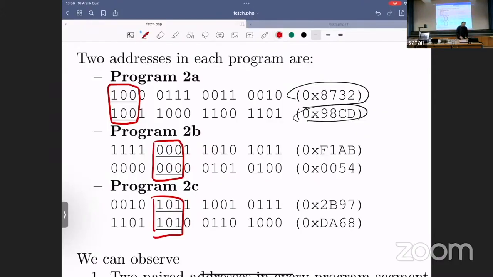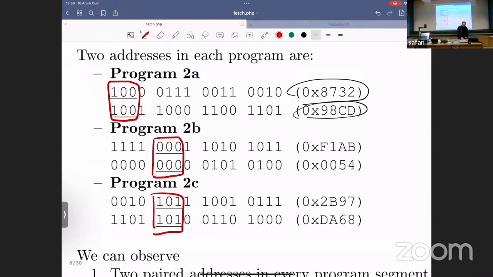We can say that if these 3 bits represent which bank these addresses are mapped to, then program 2B and program 2C can be sending the two requests to the same bank. This is based on an assumption, and you just build confidence in your assumption, right?